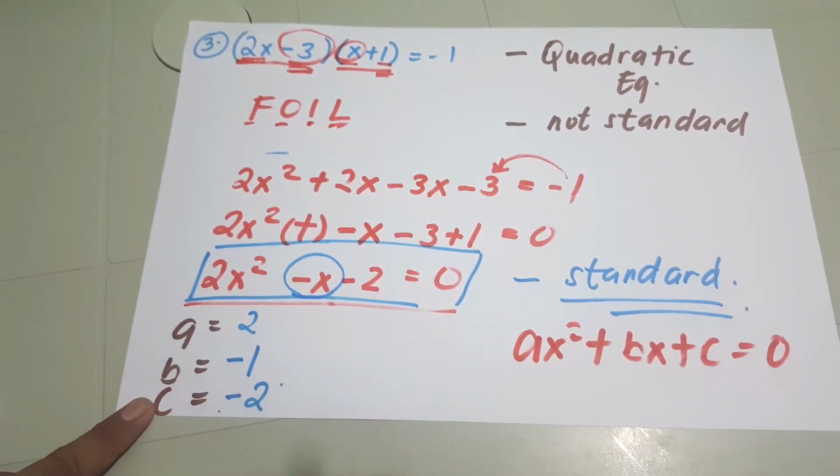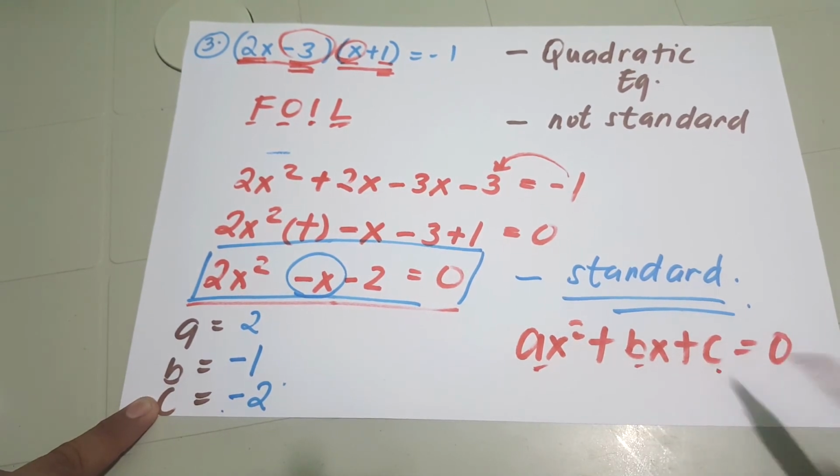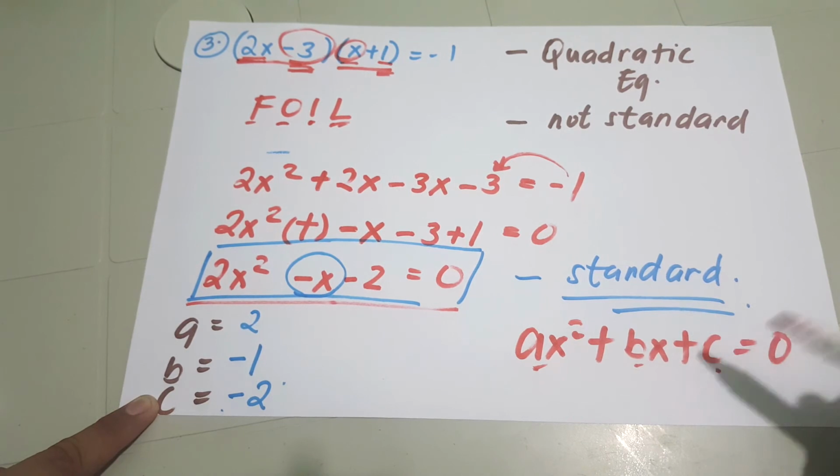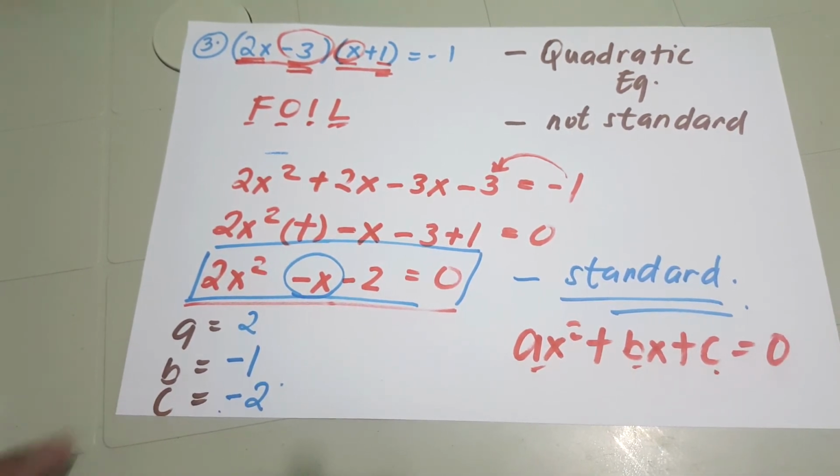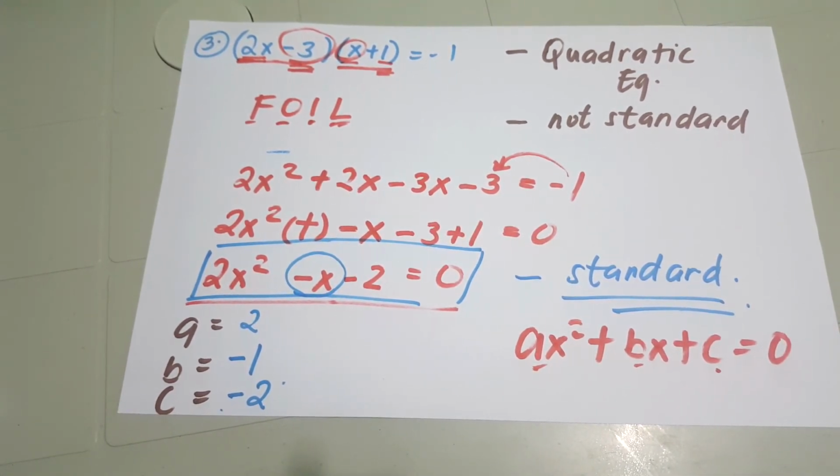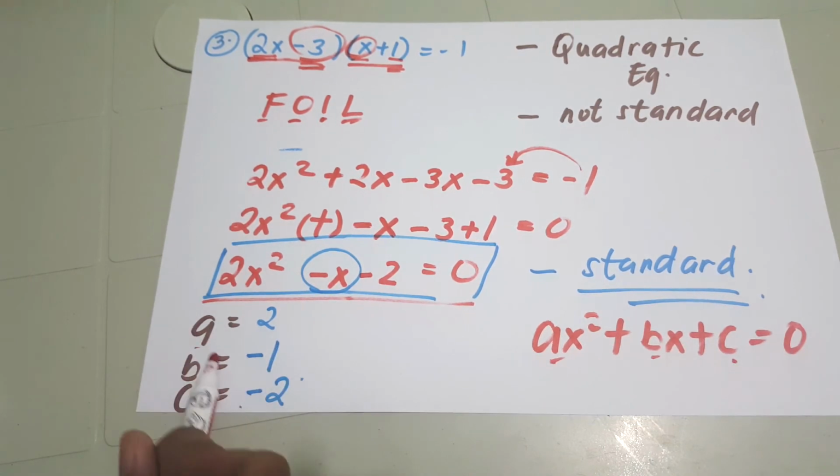Kapag alam mo yung ABC, ipalit-palit mo lang siya dyan, alam mo na yung equation mo ay quadratic at nasa standard. Another thing is that sooner we will be using the quadratic formula. Kailangan mo dapat alam yung value ng A, B, and C kasi ipa-plug in mo pa sila.